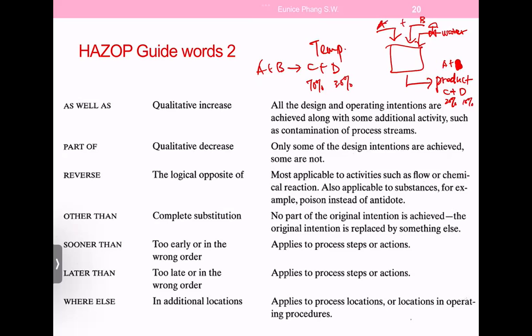You have B plus water. So it's completely substituted, or someone made a mistake in the storage area. They are supposed to store A, but somehow they poured C into the storage tank, and so you have B and C in here.